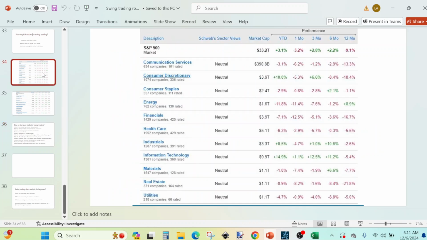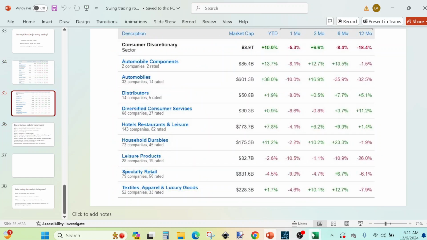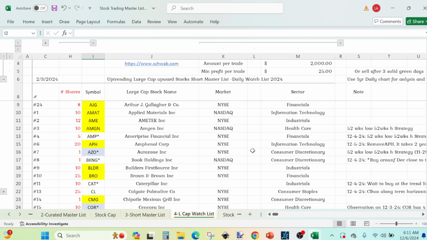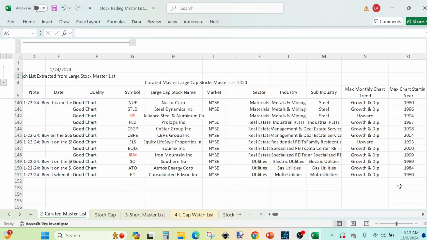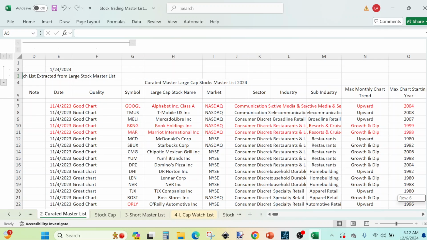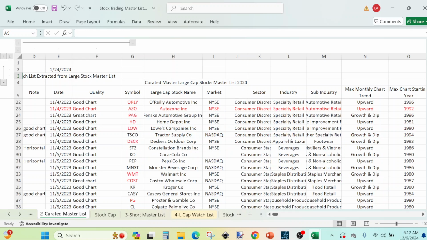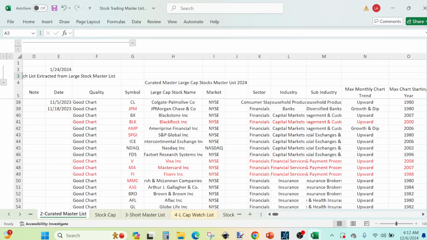And you have your sectors. If you take a look at our watch list, it's not just any random stocks; we took those sectors into consideration. We start with this first curated list, organized not by symbol but by sector, industries and sub-industries, and we try to pick a few from each sector that meet our criteria.